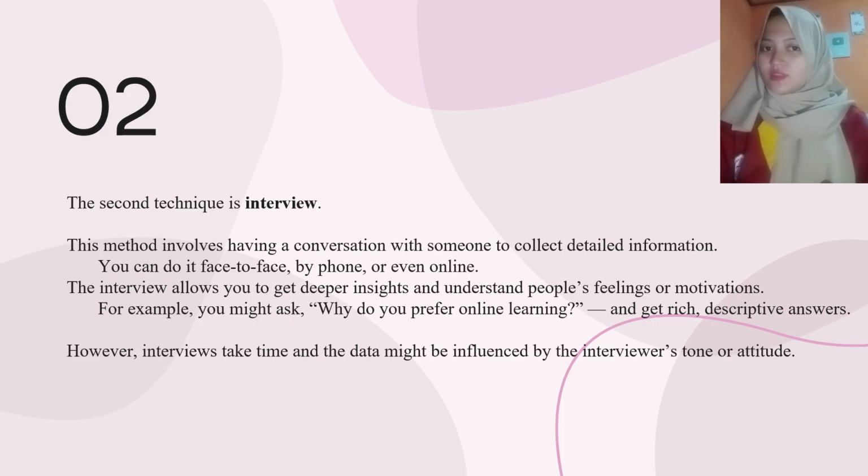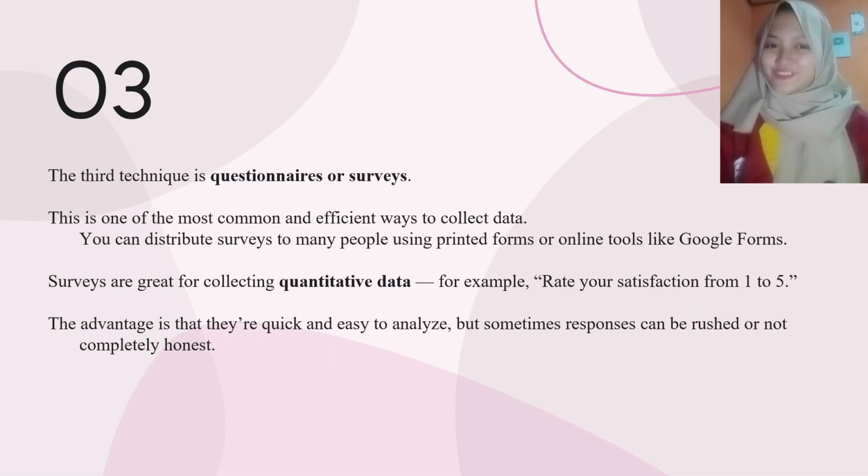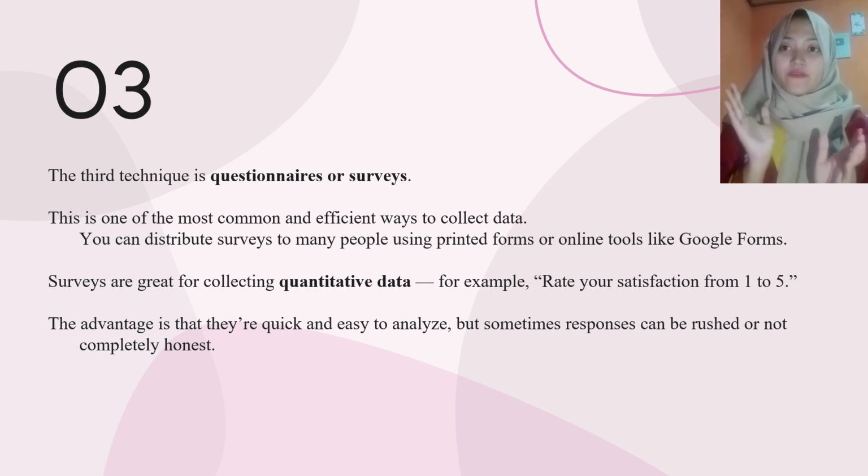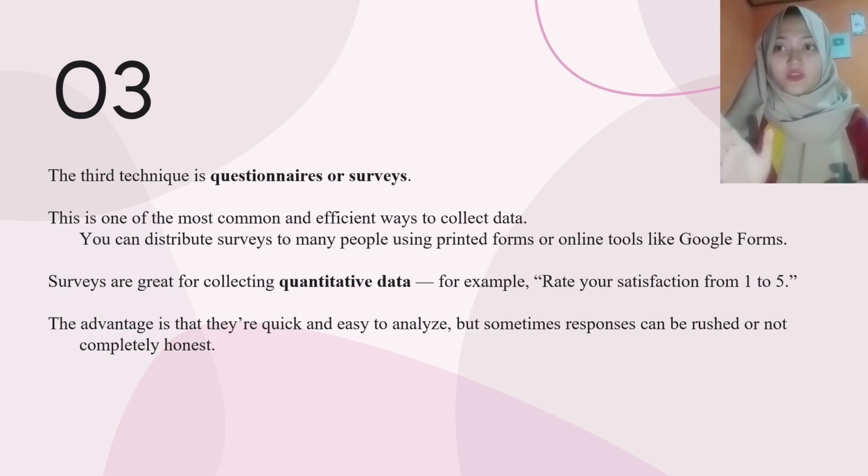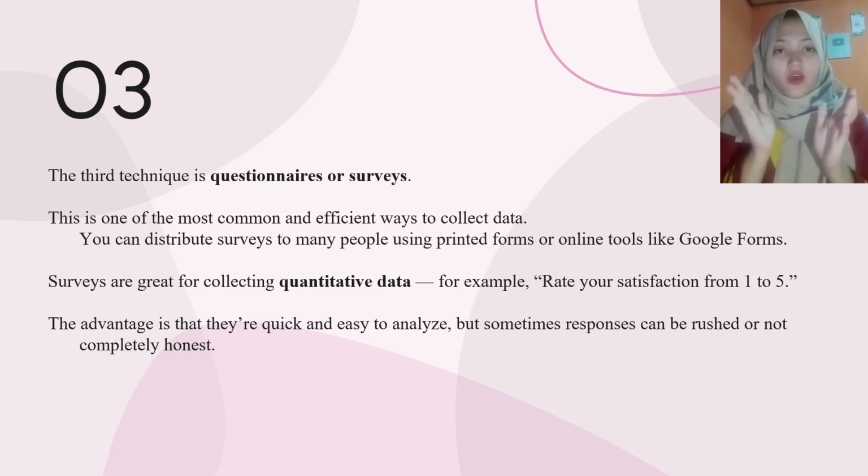Number three. The third technique is questionnaires or surveys. This is one of the most common and efficient ways to collect data. You can distribute surveys to many people using printed forms or online tools like Google Forms.